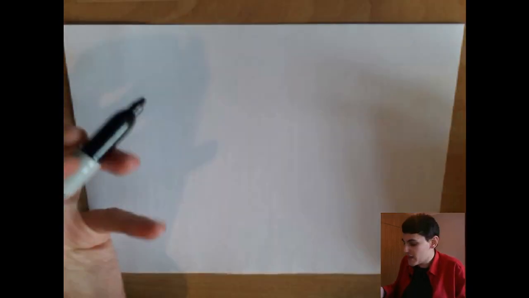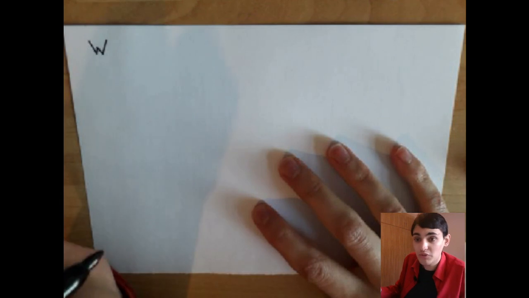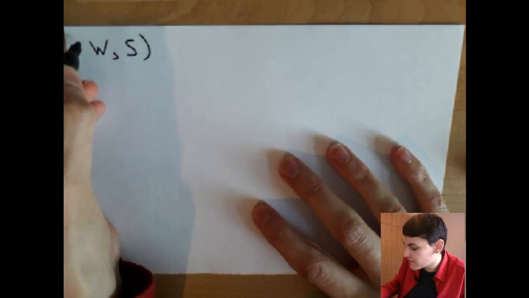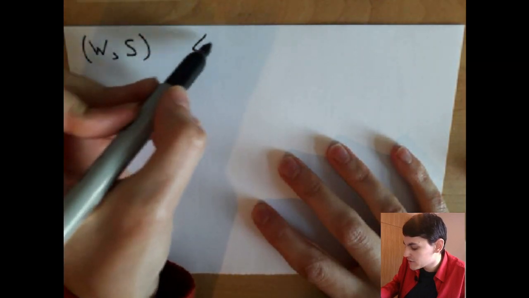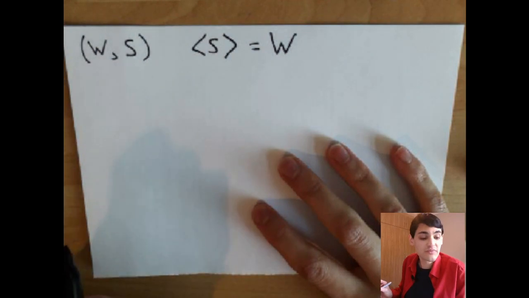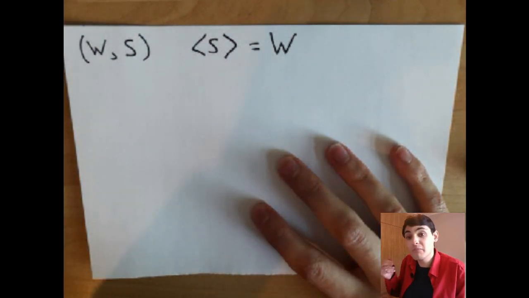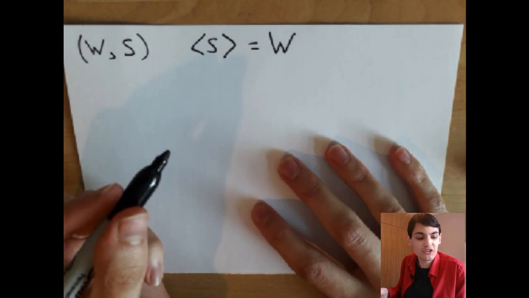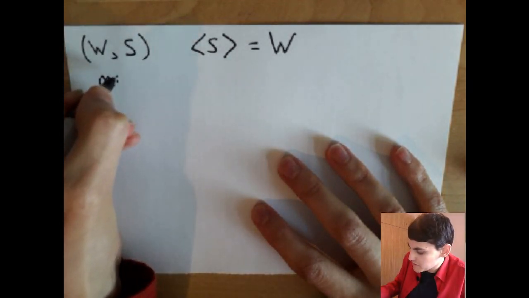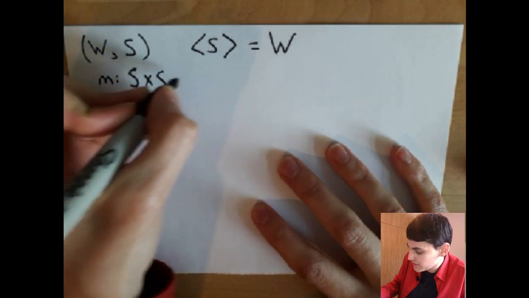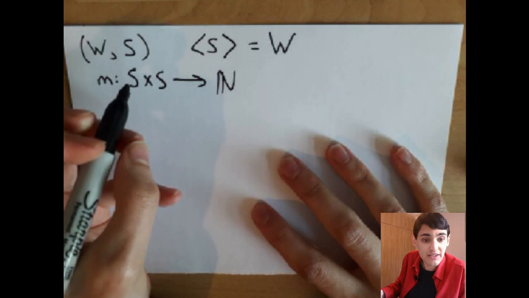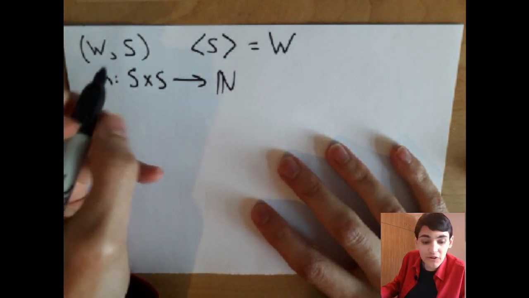So if we have a group W and a generating set S that generates W, then to make this a Coxeter group, we must first define a function m from S times S to the natural numbers, governed by the following relations.